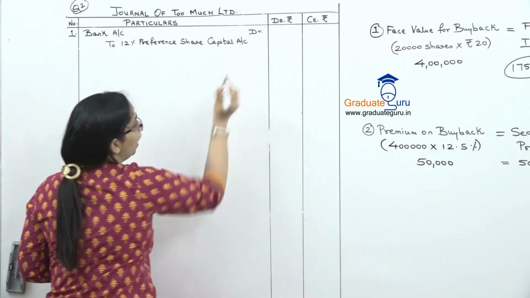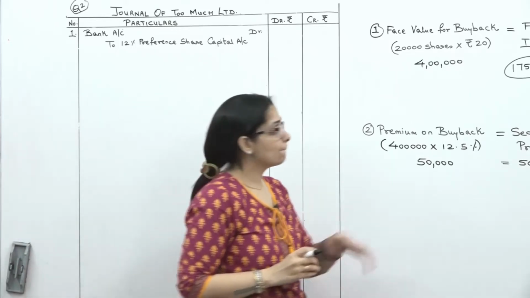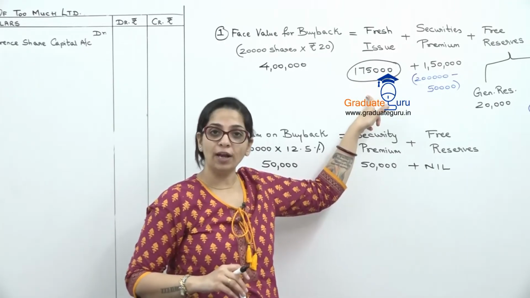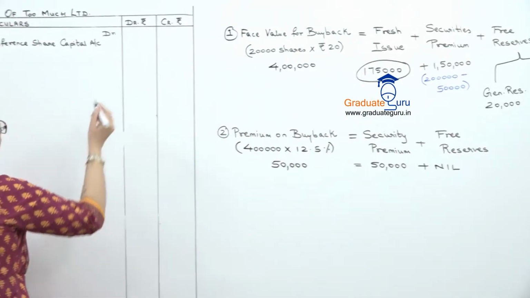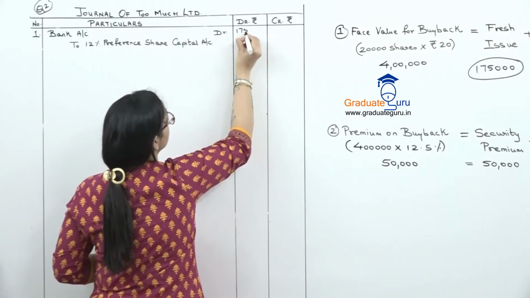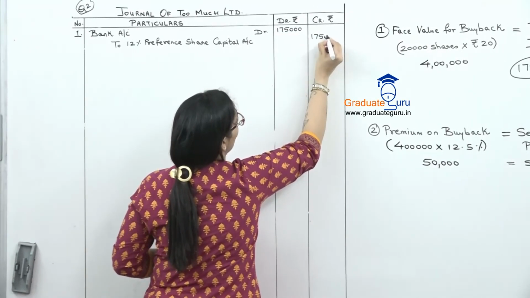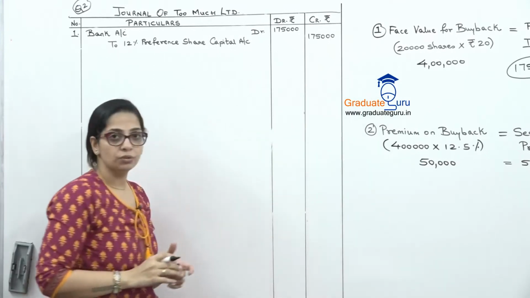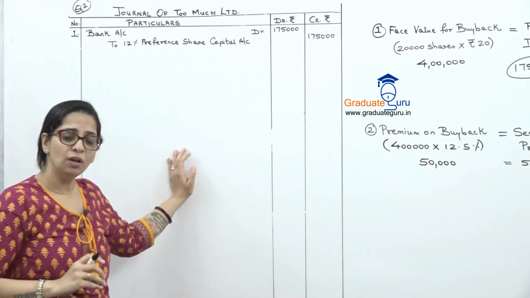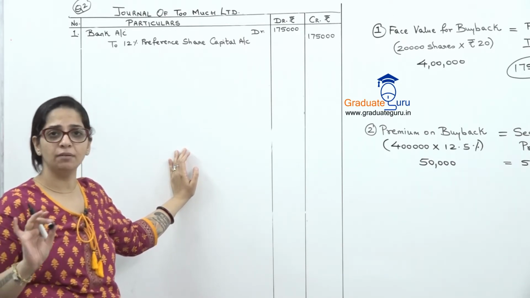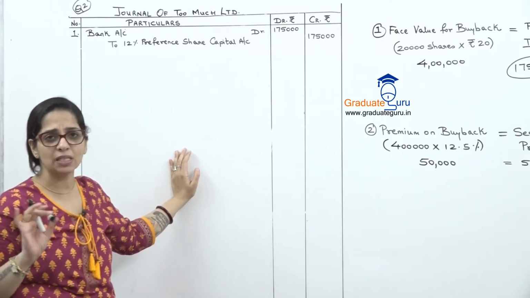Okay? Where will the amount come from? What we have calculated: 1,75,000. So let's write that down. 1,75,000. If you want to write your narration, being fresh issue of preference shares made. Simple, just keep it as simple as possible.